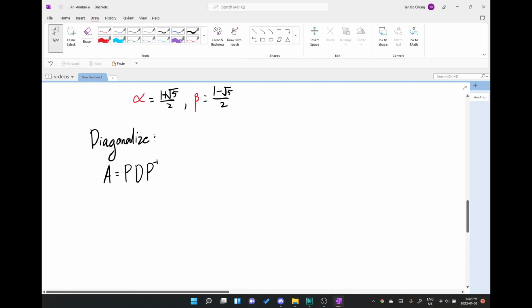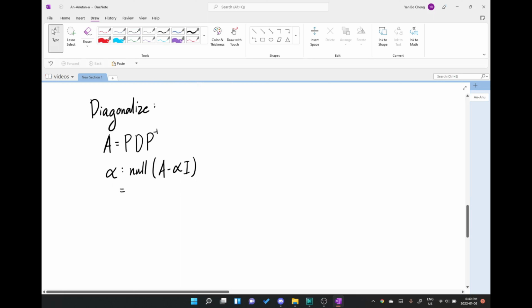So let's do that. Let's do it with alpha first. What it means to get an eigenspace is to find the null space of A minus alpha I, which is the matrix [-alpha, 1; 1, 1 minus alpha].